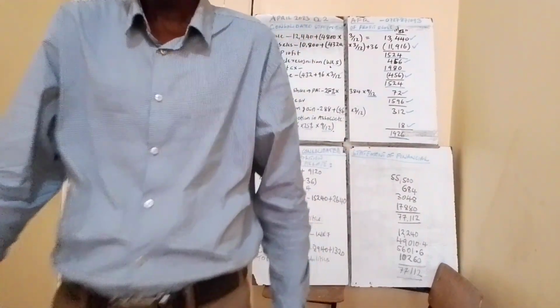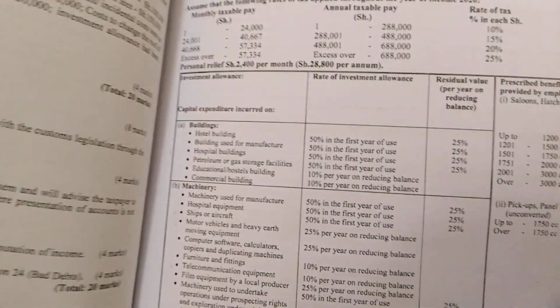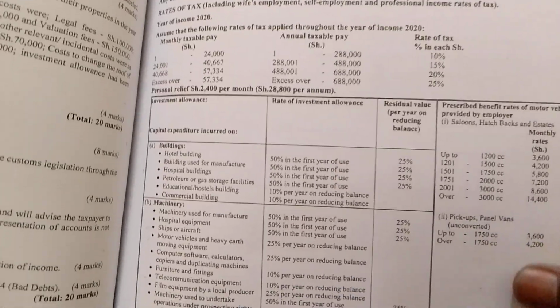The rates are a simple area, a simple topic in other words. So when you open your question paper, just go to the front page, and these rates are provided here.